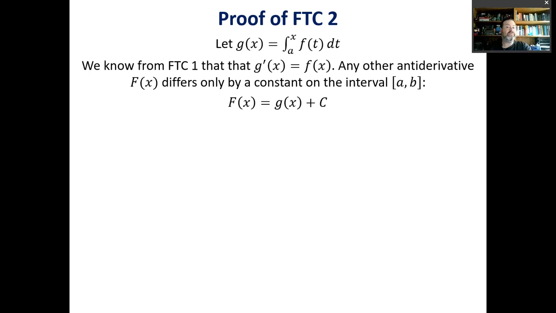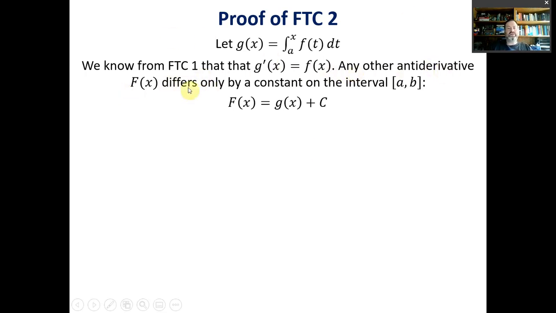So the fundamental theorem of calculus part 1 told us that g prime of x is just f of x, if we can get it in this form, right? Any other antiderivative, capital F of x, differs only by a constant on the interval. Okay? So let's think about what this is saying.